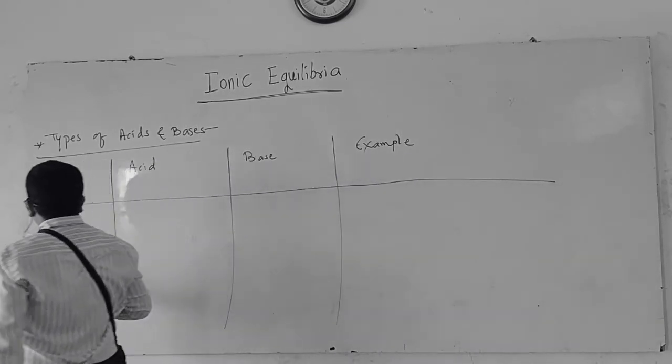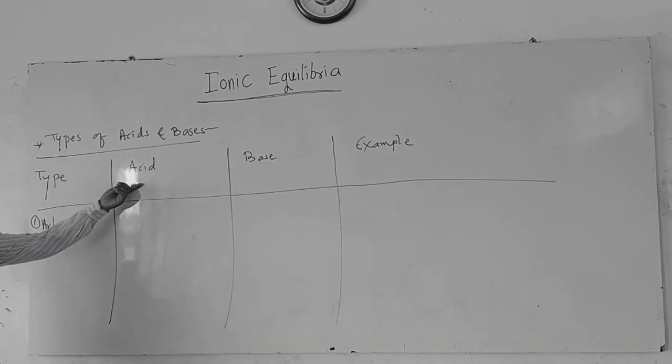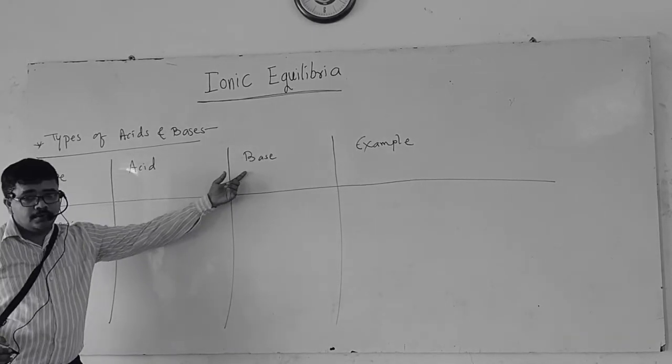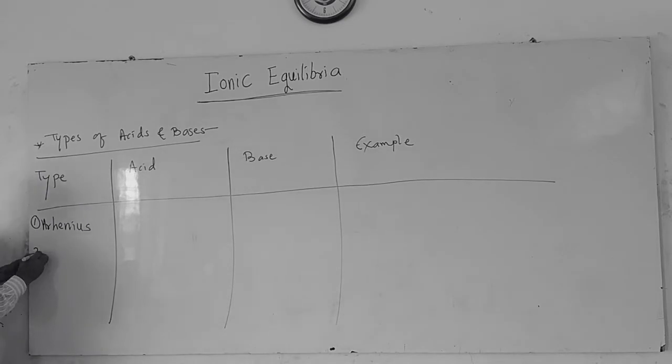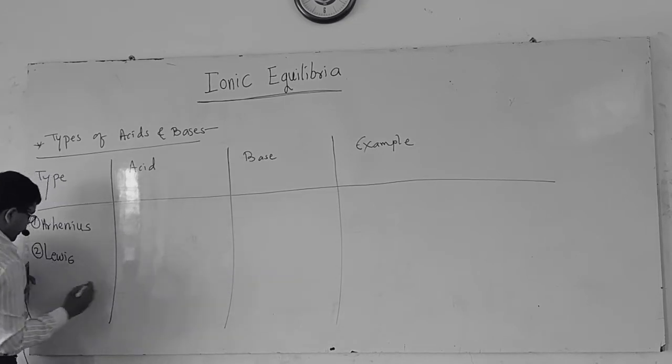Now, first type is Arrhenius: Arrhenius acid, Arrhenius base. Second we will discuss Lewis acid, Lewis base.